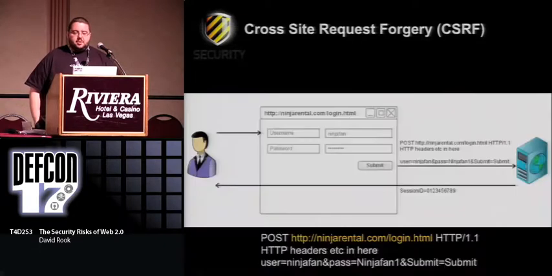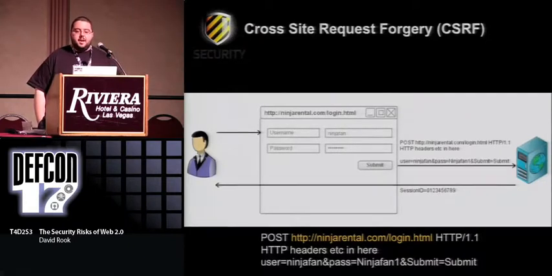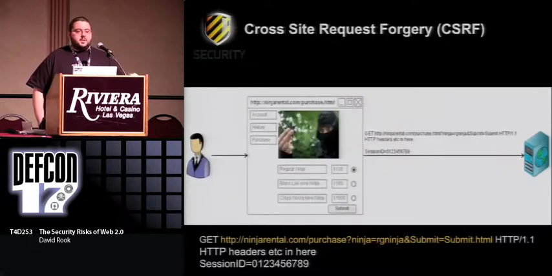Here's a real simple example, in case anyone didn't make the last talk or isn't quite sure what cross-site request forgery is. We have a website called ninjarental.com. You put your username and password in and hit submit. The request is sent to the server, which authenticates you and sends a session ID back. When that user wants to rent a Ninja, he just wants the regular Ninja for £100.